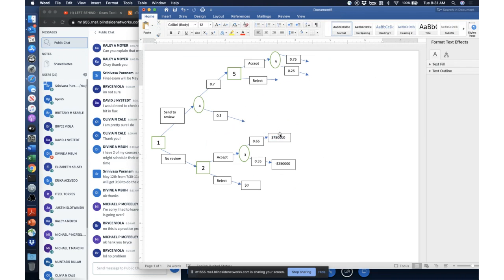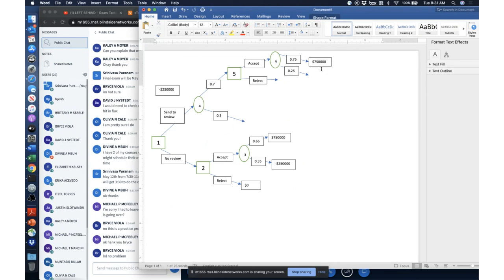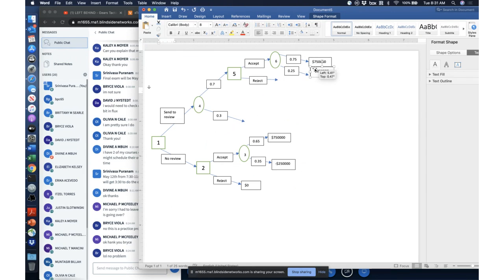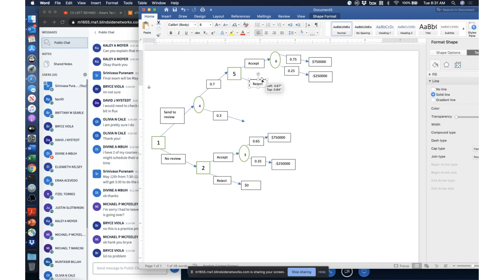So this is again 750, and 250, the loss of 250. Right? If you reject, you're not going to make any money. That is still $0.